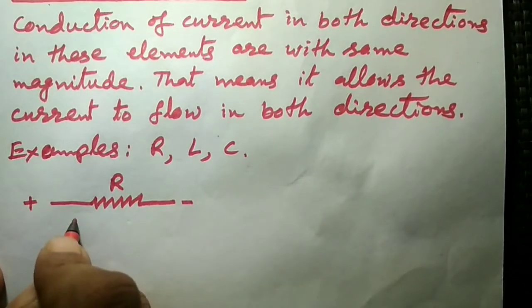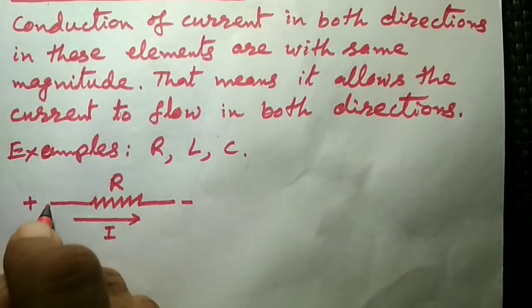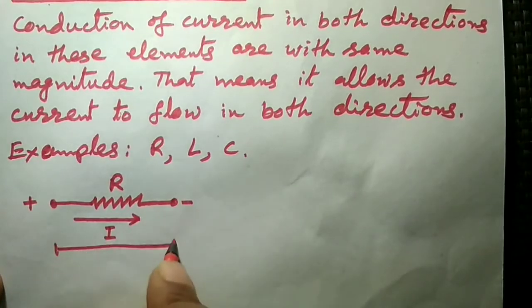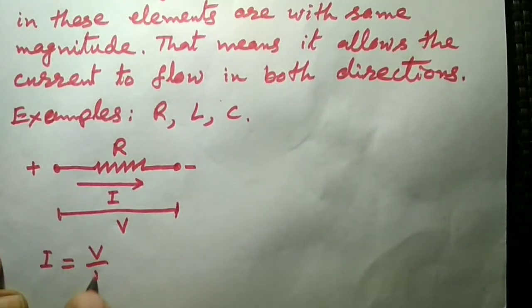So a current will flow through the resistor and it will be I. If the voltage across the resistor is considered as V, then the value of the current will be equal to V upon R.